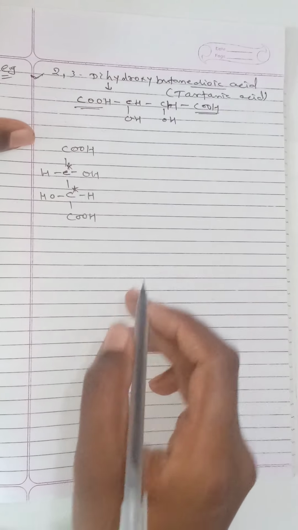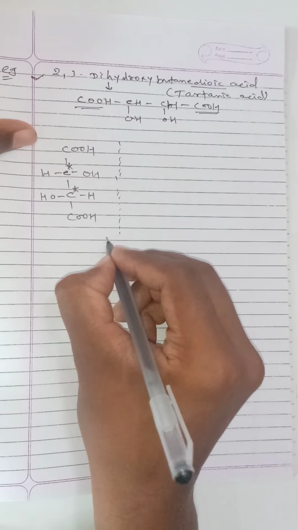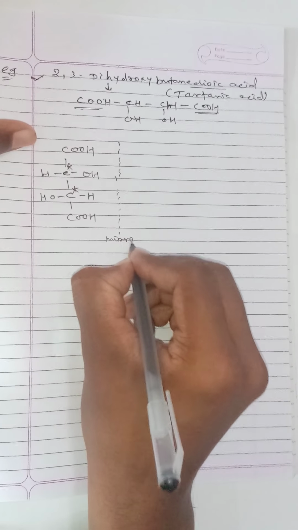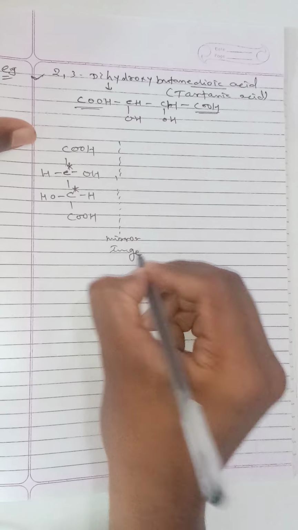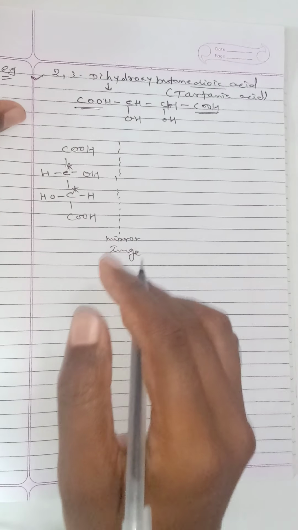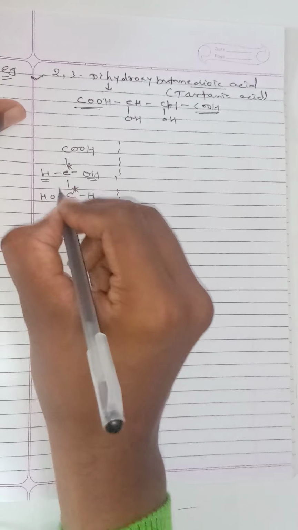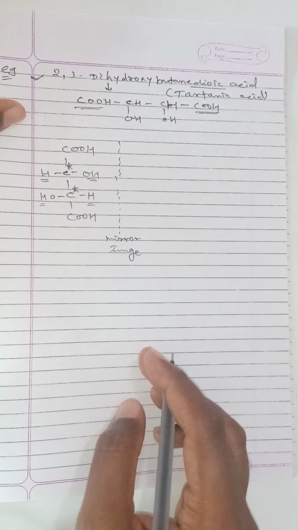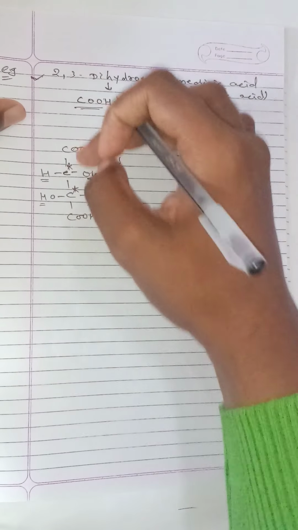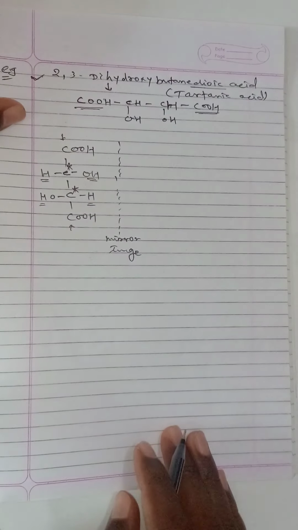Now let's see its mirror image. Remember that in a mirror image, only the position on the right hand side or left hand side is changed. Top or bottom groups will not be changed.